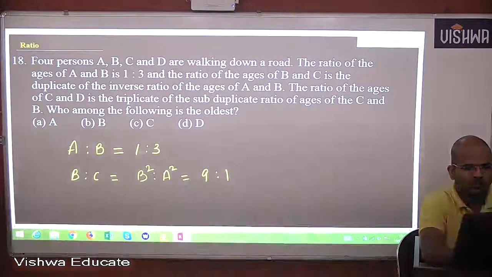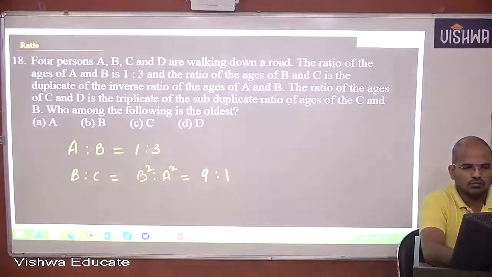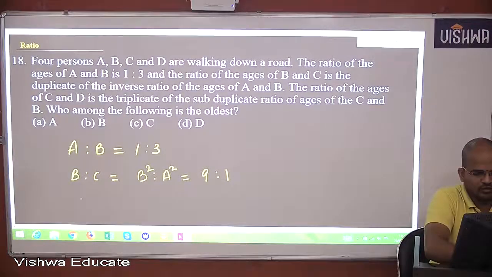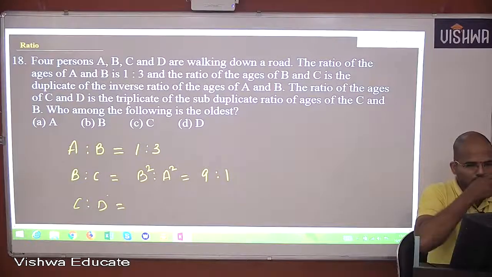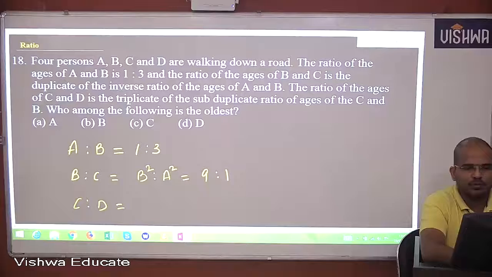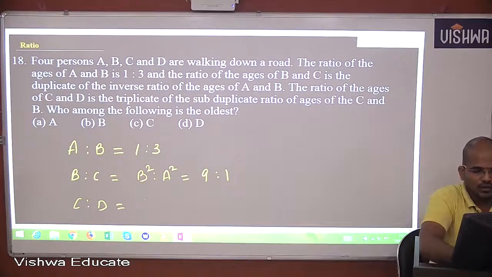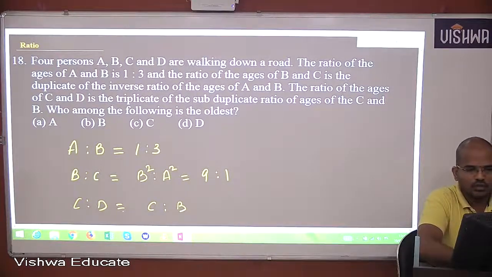The ratio of ages of C and D is the triplicate of the subduplicate of the ratio of the ages of C and B. First C and B, he said subduplicate of, so half, and then he said triplicate of.